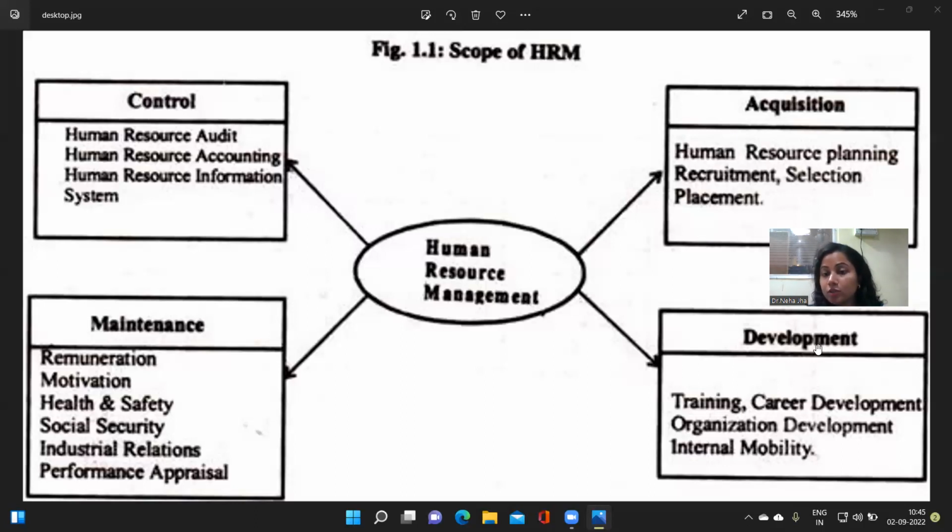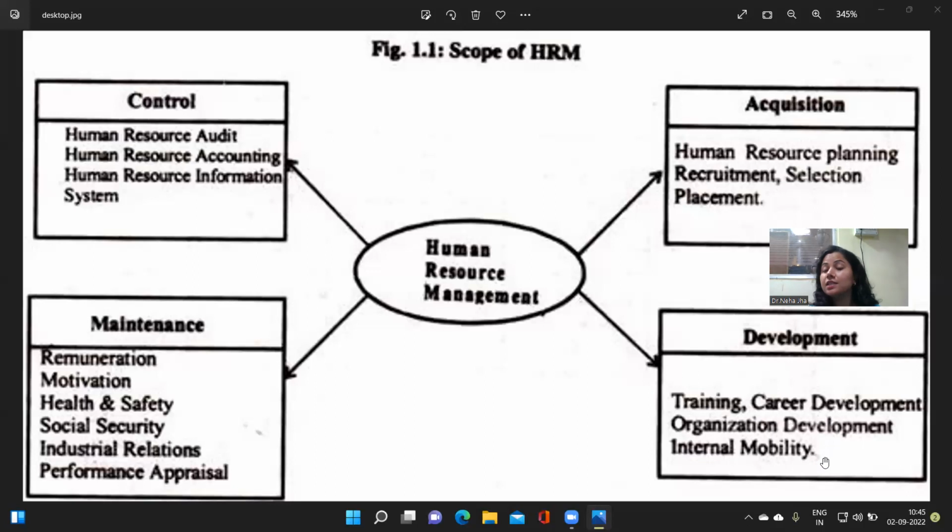Now, when we talk about development, everyone is not job ready, right? There we need proper training so that they can work according to the organization, according to what the organization is expecting from them, right? Next comes career development. Here career development means overall personality development of the candidate, right?